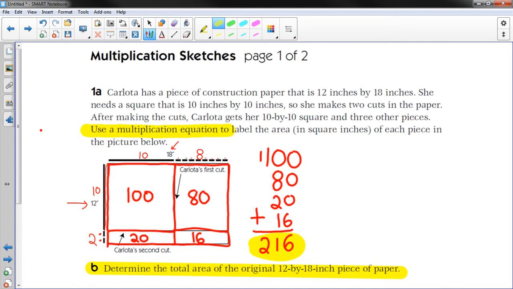Use a multiplication equation to label the area of each piece in the picture below. Yeah, I actually used the area model of multiplication, so it's a little different than what you might be thinking, but that's what I did. So that's correctly labeled. All right, let's go on to the next one.